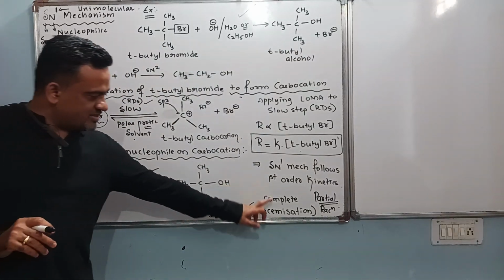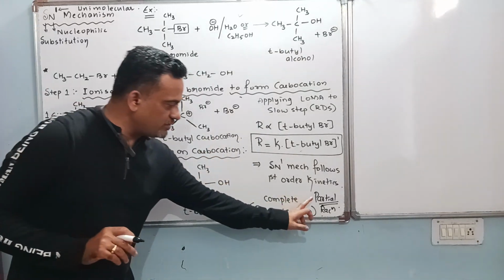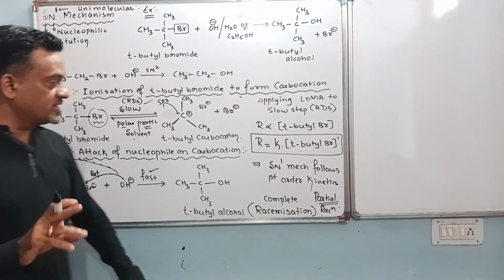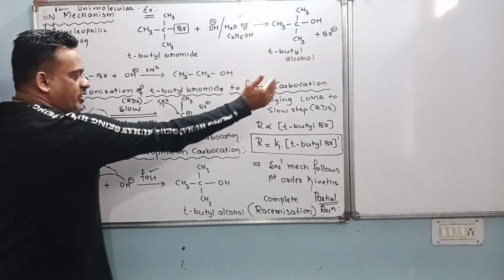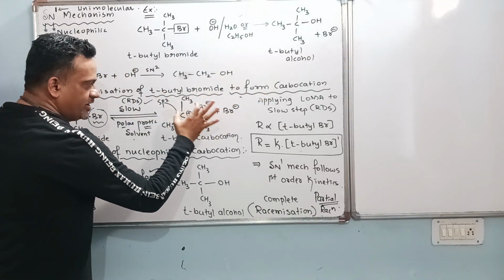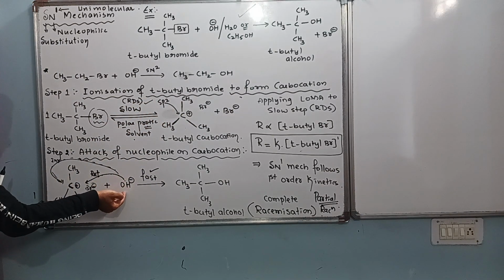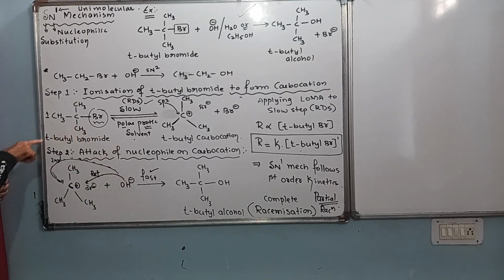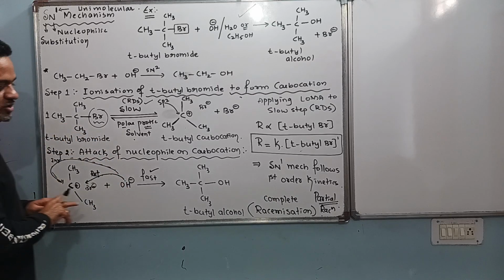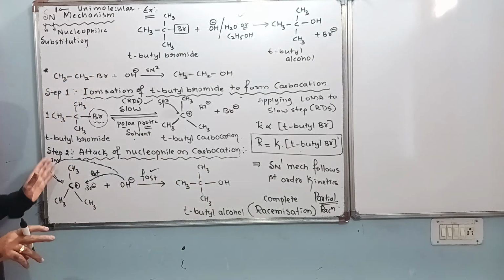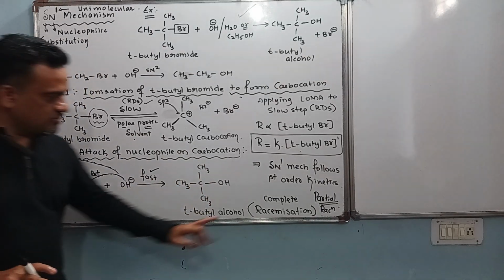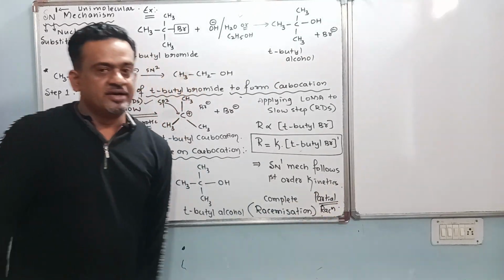It looks like complete racemization, but in most cases what happens is partial racemization. The reason is that Br minus is still not left, due to the intimate ionic pair. The Br minus is still with the carbocation. That makes it too difficult for OH minus to attack from the front. So most of the attack is taking place from behind. That is the reason you are getting more inverted product and less retention product. So it is called partial racemization.